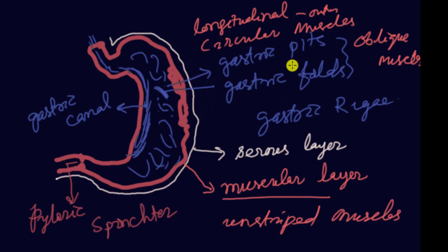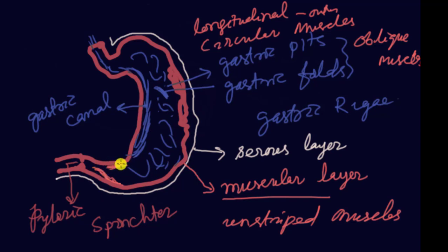But you just remember, close to the pyloric end, the longitudinal muscle coat separates from the superficial and goes towards the deep.